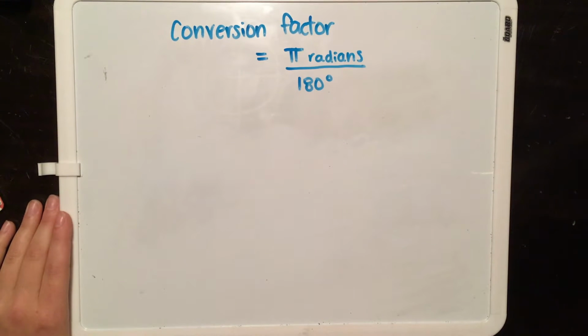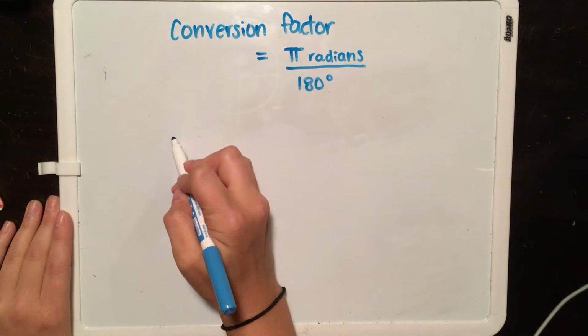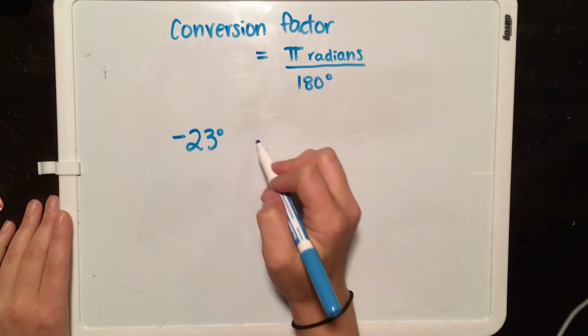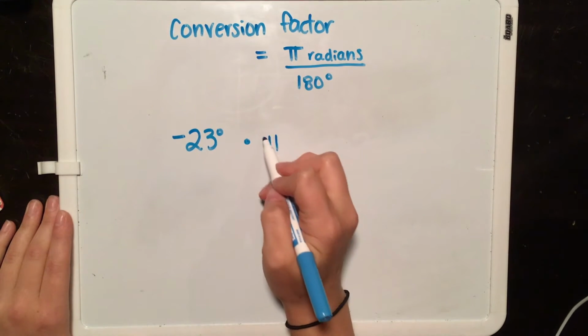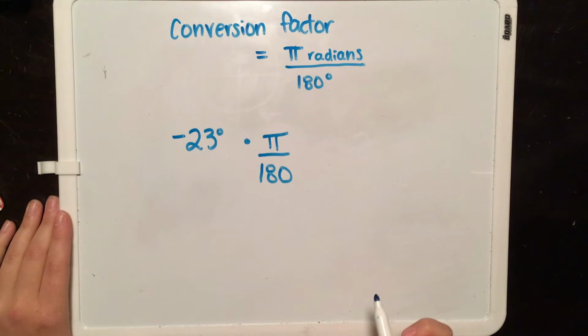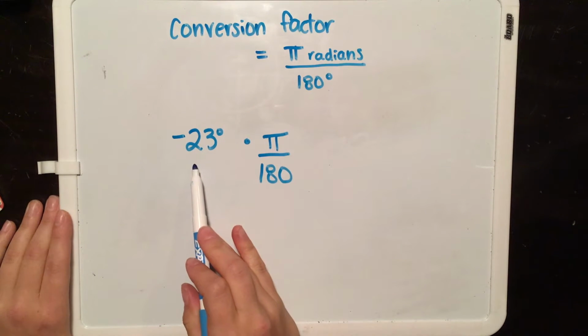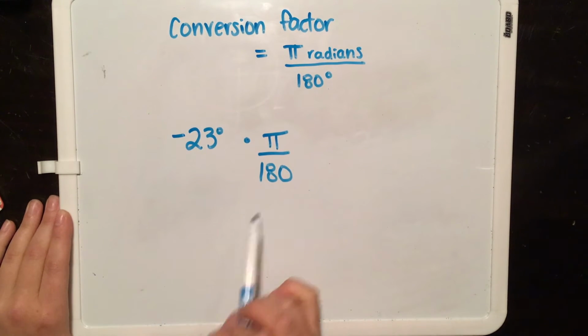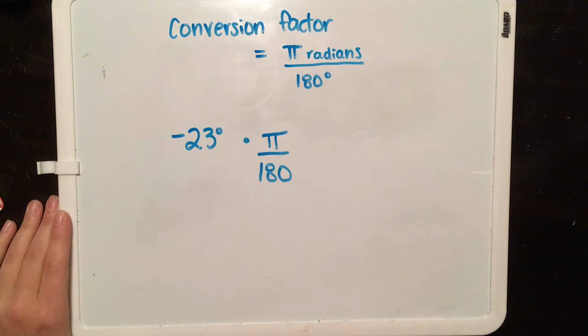We can also convert negative degrees to radians. So let's try negative 23 degrees. Multiply by the conversion factor, pi over 180. Now 23 is a prime number, so there are no common factors between 23 and 180.